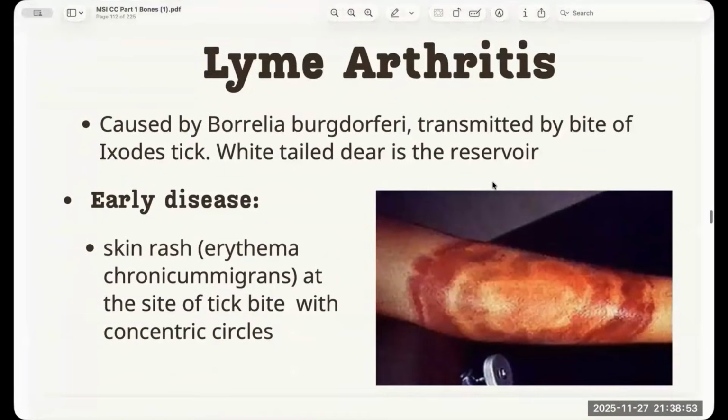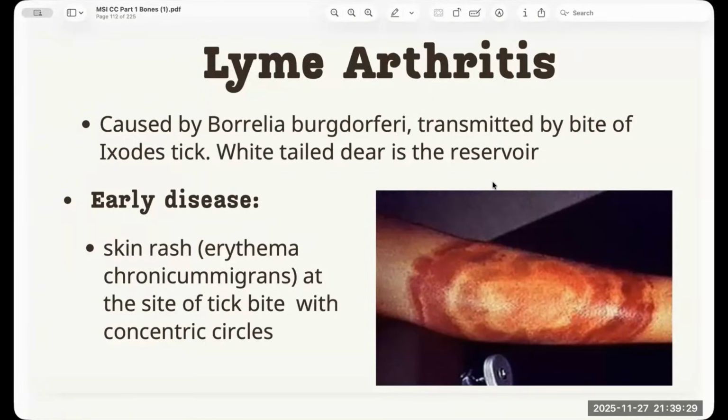Now for the next infectious arthritis, it's Lyme arthritis. It's caused by Borrelia burgdorferi, and it's transmitted by the bite of the Ixodes tick. The reservoir organism is usually the white-tailed deer, and early disease shows up as a skin rash with erythema, specifically as skin circles around the site of the tick bite, shown in this picture.